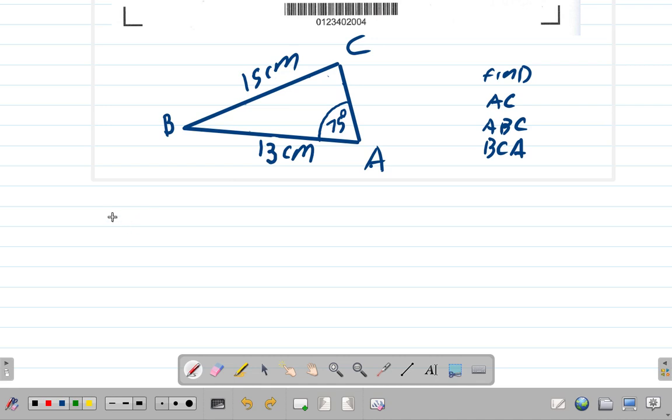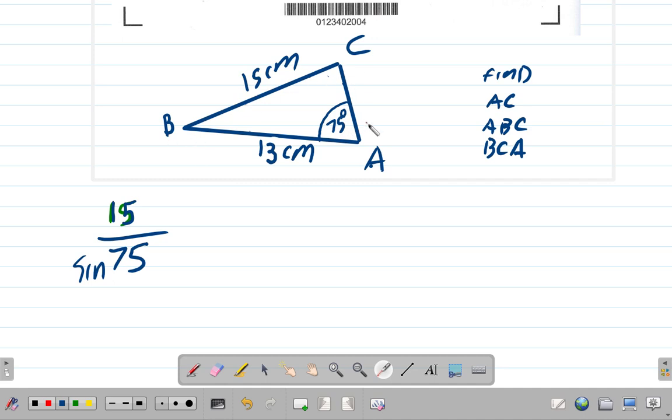We have a side which we know, 15. So we have 15 divided by the sine of the angle that is opposite to the 15 here, which is 75. Sine 75. And remember, when I say opposite to it, the 75 is opposite to the 15.